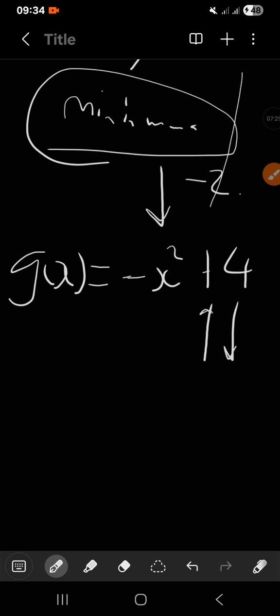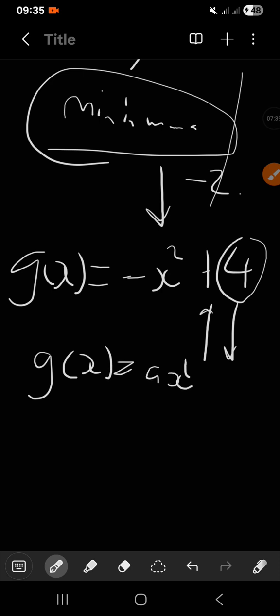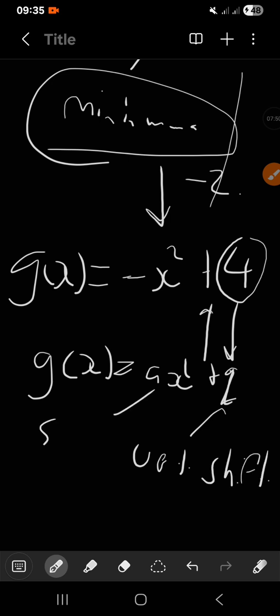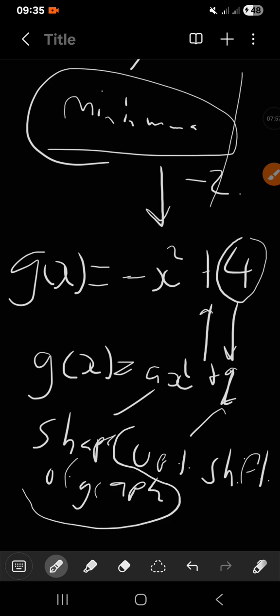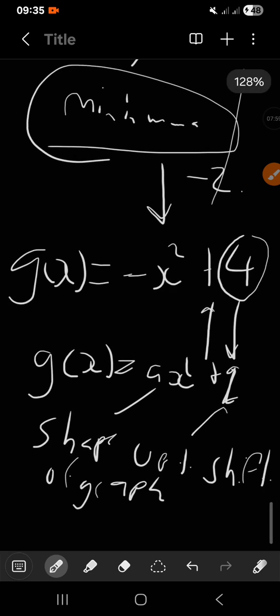Let me remind you of the equation of a parabola graph: y = ax squared plus q. So q stands for the vertical shift, and a tells you the shape of your graph, whether your graph was sad or smiling. So a tells you that, and q just tells you your vertical shift.